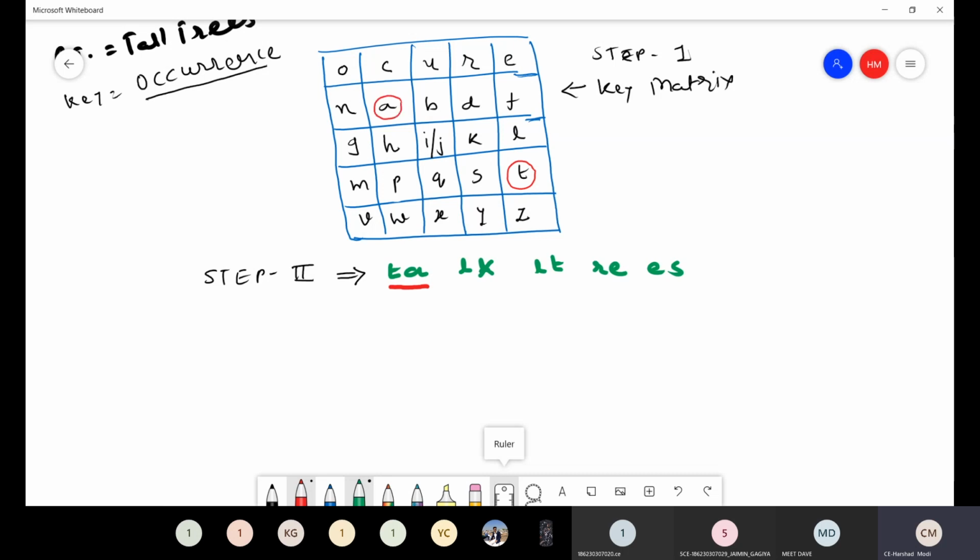So we can say that both the characters are not in a single row as well as not in a single column. So they are forming a diagonal. When a diagonal is formed by the two letters of a given pair, then we have to consider the row of the first character and column of the second character.